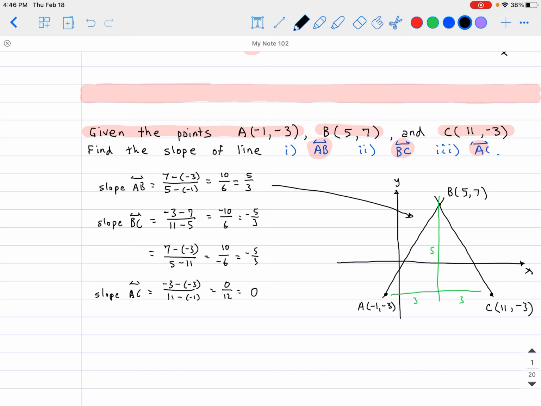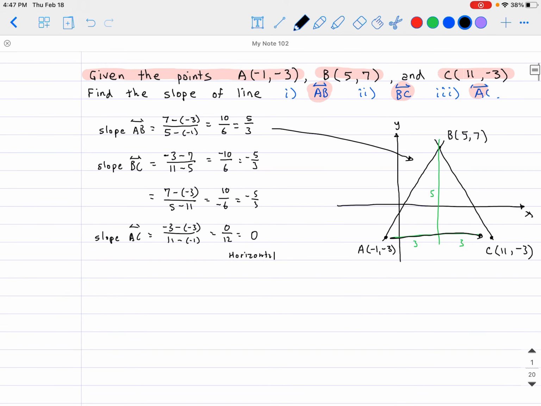And when your slope is equal to 0, that's also another way of saying that line AC is horizontal. So the slope of a line, if it's equal to 0, then it's going to be horizontal. And if you're wondering, for a vertical line, the slope is going to be undefined. When you get undefined, that means you get something like a over 0, where a is a real number that is not equal to 0.